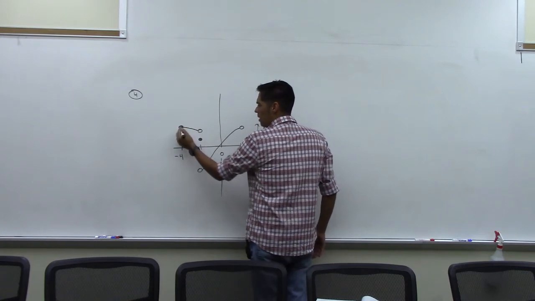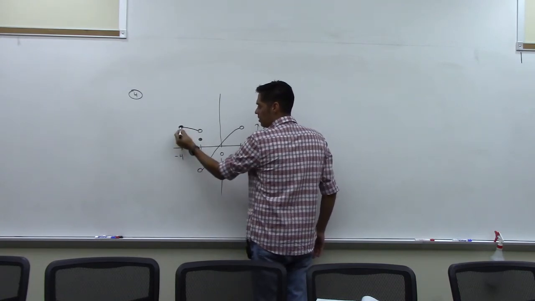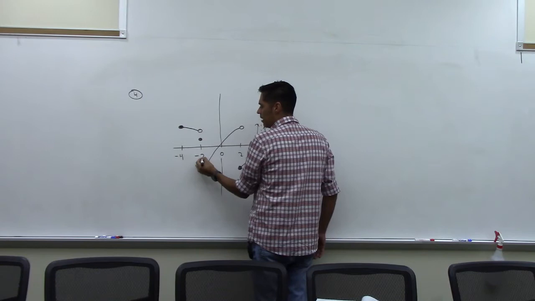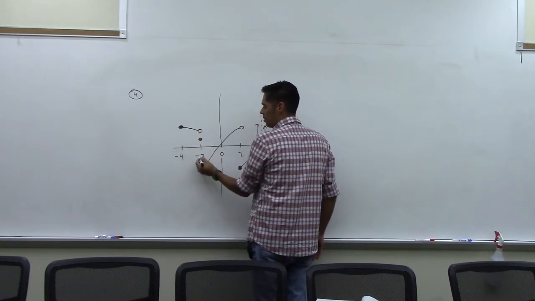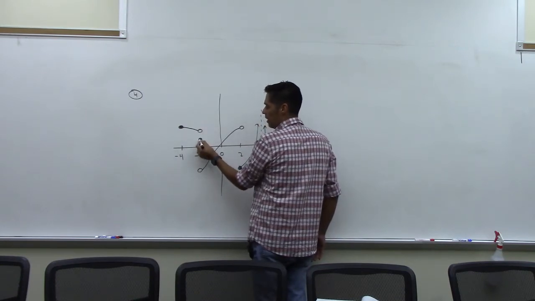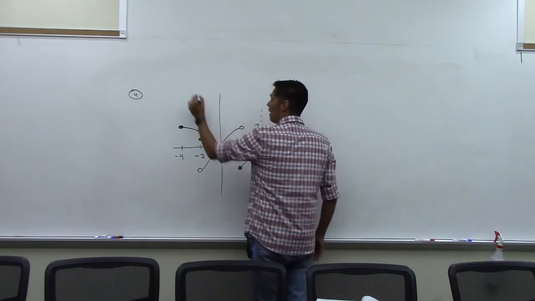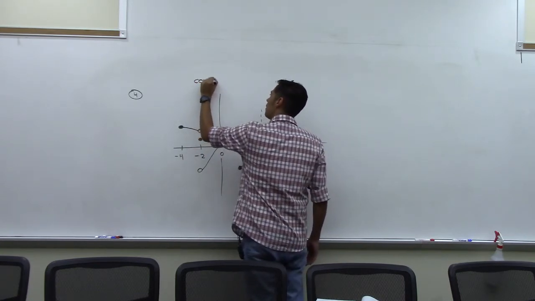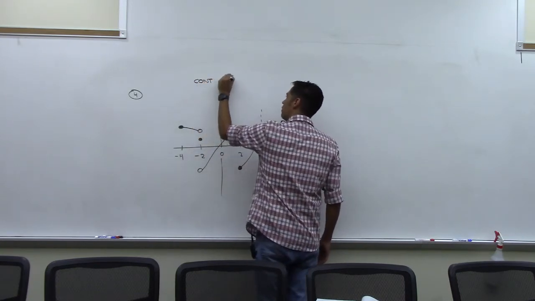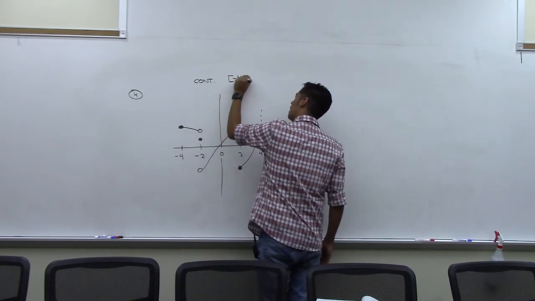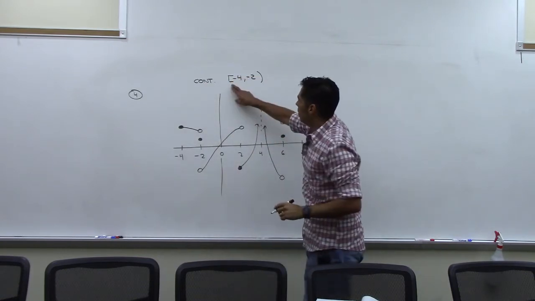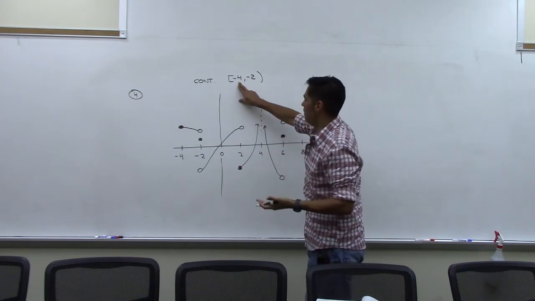Okay, I know that I can start here at -4 because there's a dot. I can draw it until I get to -2, but I can't go to -2 because it's an open circle. And if I pick up my pencil, I'm going to have to come to here. So I can say it's continuous on the interval -4 to -2. Bracket on the -4 because I can be at -4.